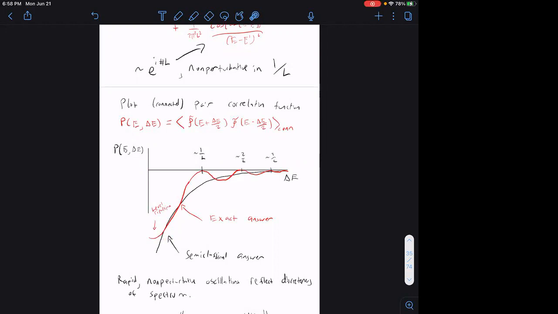This is the generalization to more than nearest neighbor energies. And so we can ask, is the tail in this sine kernel universal? And the answer to that question is yes. But for the Wigner surmise, I'm not sure.